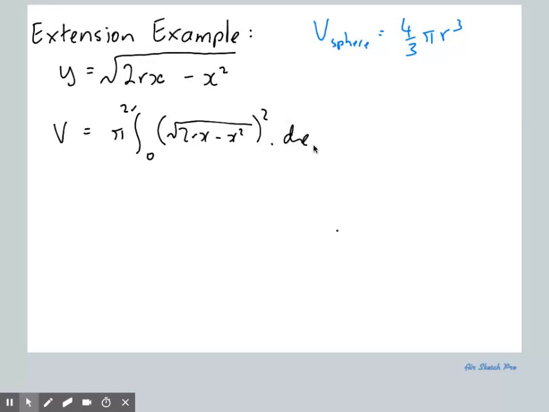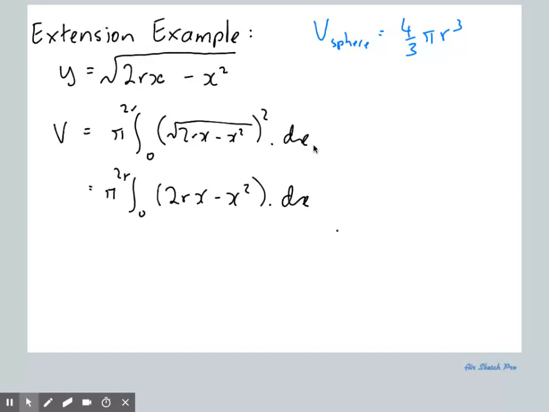The handy thing is that because I'm squaring a square root, it becomes a lot simpler. It simply becomes pi, integral from 0 to 2r of 2rx minus x squared dx, which is fairly straightforward to integrate.